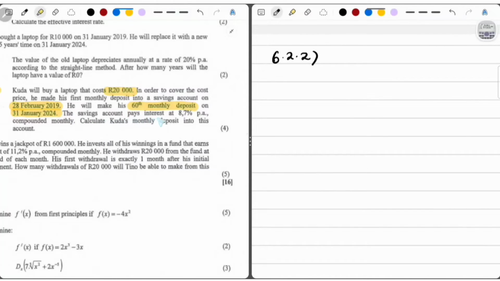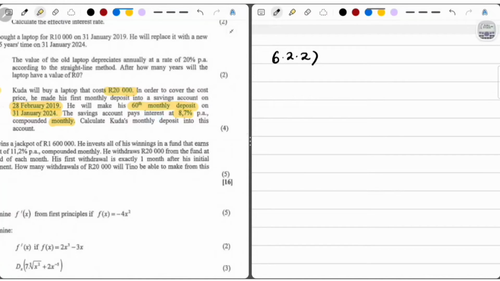The savings account pays interest at 8.7% per annum compounded monthly, okay? And they also say to calculate Kuda's monthly deposit into this account. So, with the way everything looks, they're really not trying to complicate things. They're actually being very straightforward with this question.